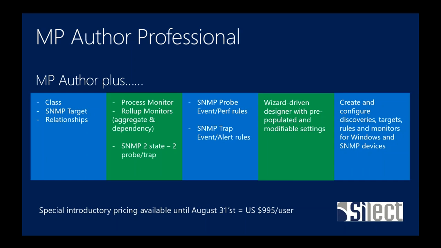So Mike will be showing those today. In terms of rules, SNMP probe event and perf rules, SNMP trap-based event and alert rules. So we'll also get a look at those today as well. Again, it's wizard-driven, and you can create discoveries, targets, rules, and monitors now for both Windows and SNMP devices.